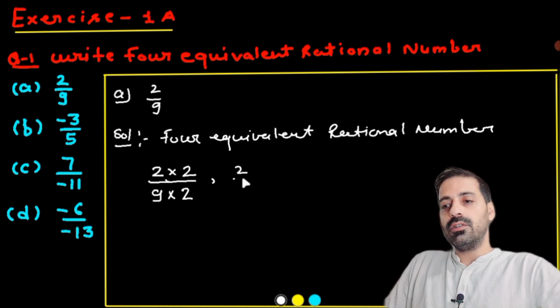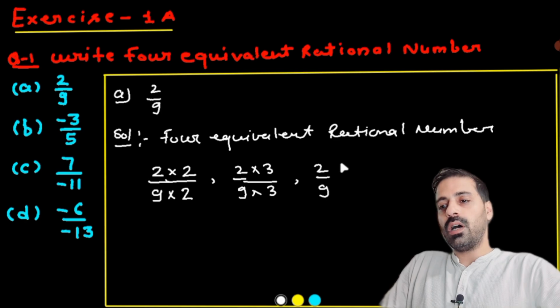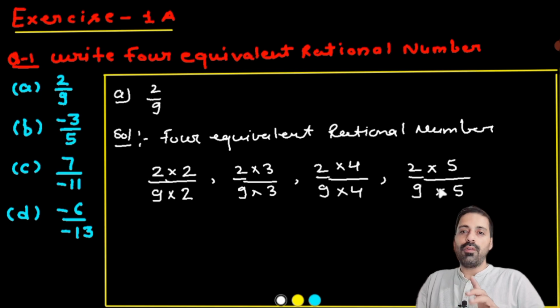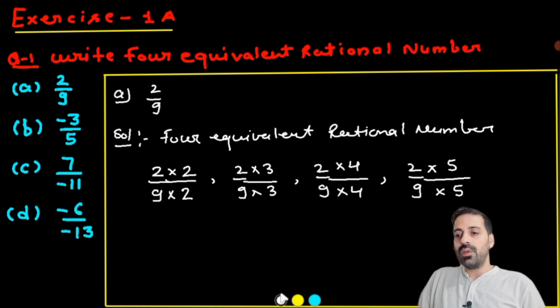Again I take 2 by 9, this time I multiply by 3 in the numerator and also by 3 in the denominator. Again 2 by 9, now I multiply by 4 in the numerator and also by 4 in the denominator. Again 2 by 9 and I multiply by 5 here, so I multiply the denominator by 5.